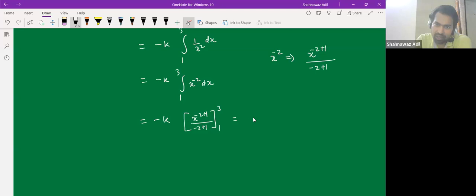So we will get minus k, and this is x^(-1) divided by minus 1, from 3 to 1. So this minus 1 goes outside, and this becomes positive. So this becomes 1 by x from 3 to 1. Is this clear, guys?